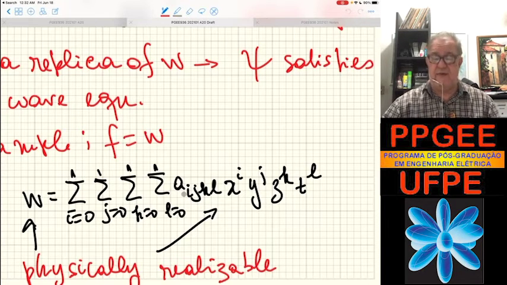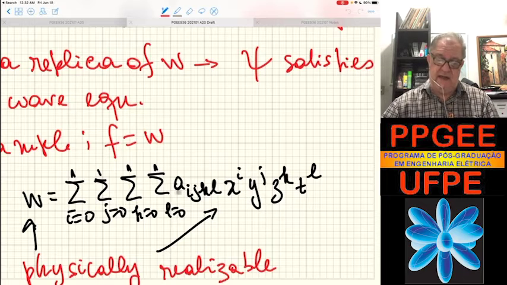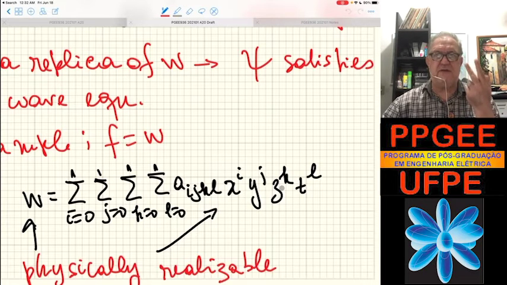That's the argument of the function, right? So f equals W. But W is given by this special thing. I goes from 0 to 1, J goes from 0 to 1, and K and L. So I have a product of all the coordinates, x, y, z, and t. Either a constant, or a linear function of one variable, or a product of two variables, or three variables, or four variables.